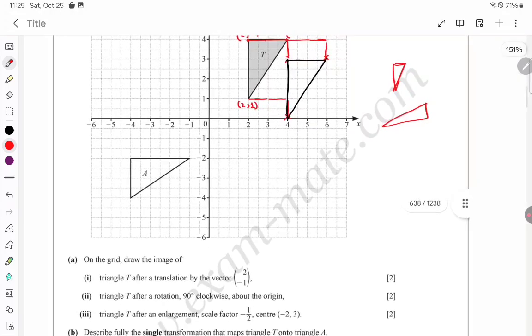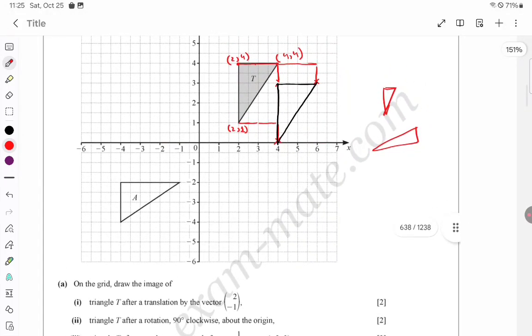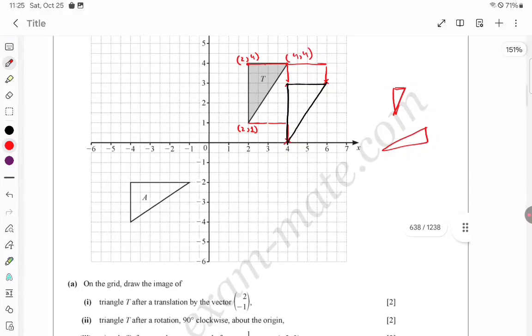For that, first our point is 2 comma 4, so the y will become x and the x will become y, so it will become 4 comma negative of 2, 4 comma negative of 2.